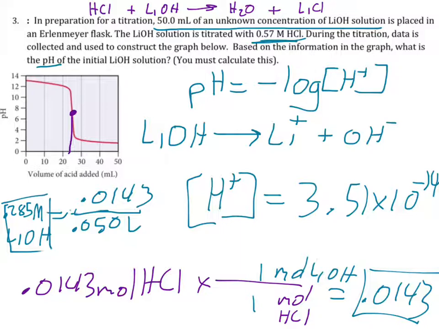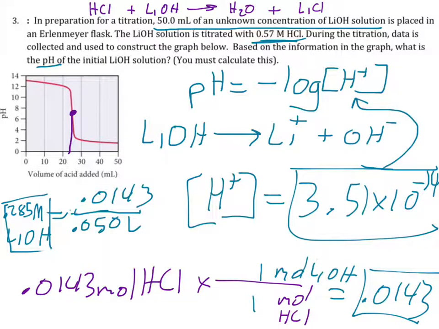And then all we need to do is take this and plug it into this equation here, because the negative log of the hydrogen ion concentration gives us the pH. And we end up with 13.45, or a pH of 13.45.